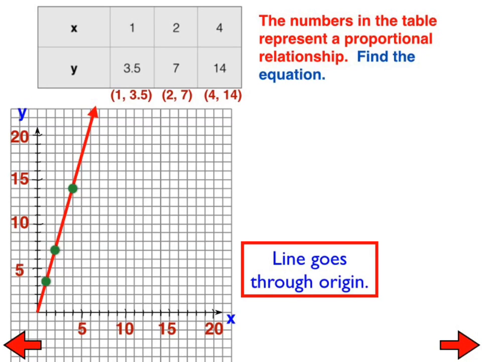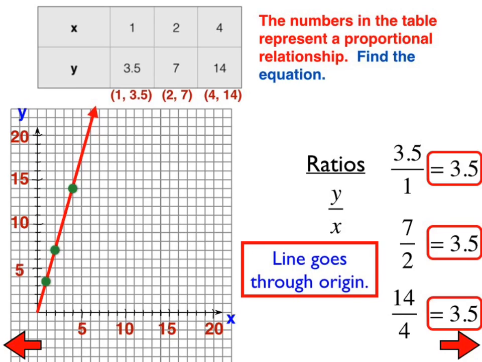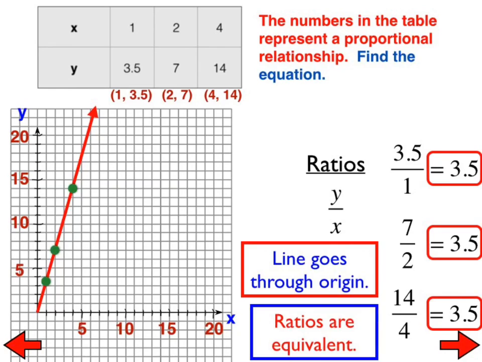We check with the ratios. We needed the ratios to confirm that it was a proportional relationship, but also to help us find the constant of proportionality. And we can see they're all 3.5. They are equivalent. Therefore, the constant of proportionality is 3.5.